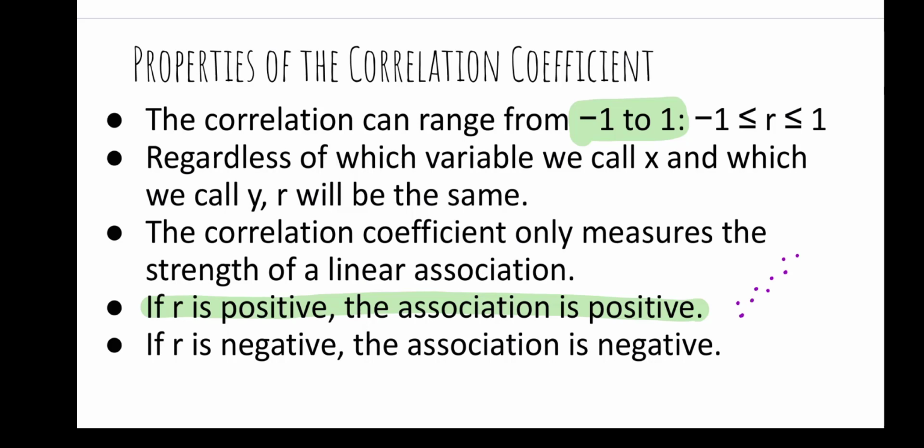And if r is negative, the association is negative, and so in that case we would have points trending in the downward direction. So the sign, positive or negative, of the r is a tell on which way the points are trending.